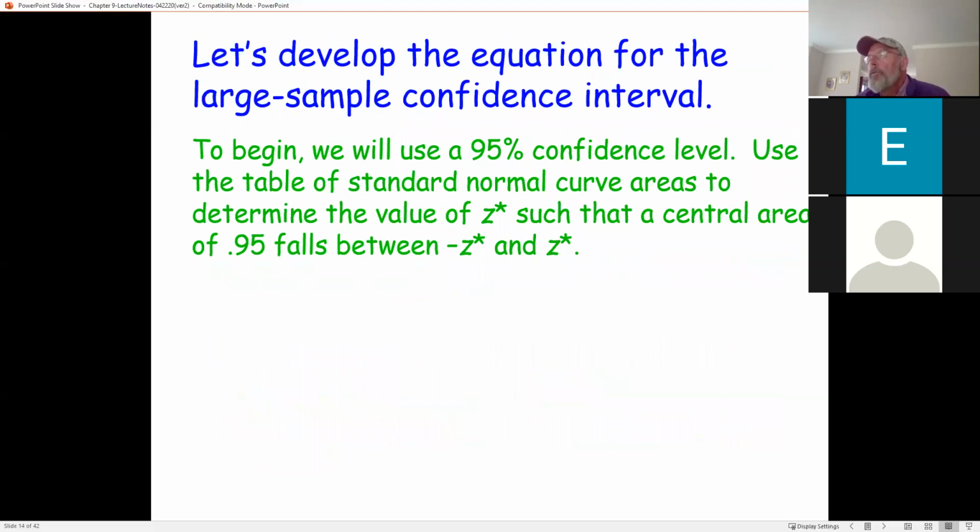Okay, so we'll start with the confidence level of 95%. Using a standard normal curve, the areas under the curve for 0.95 show the critical z level below the mean and the critical z level above the mean.